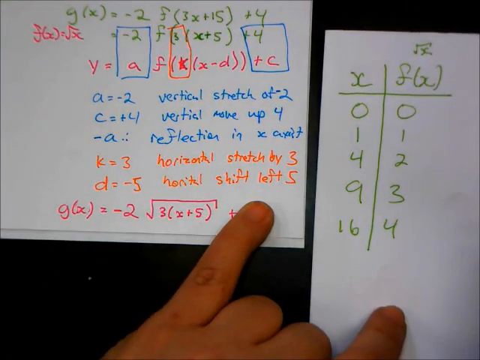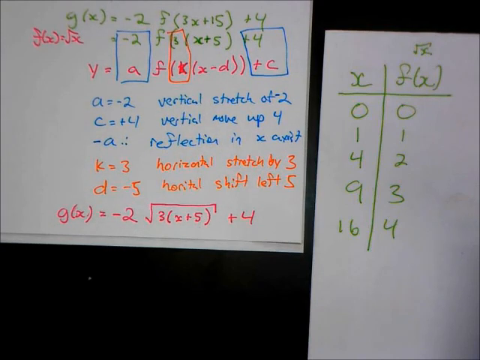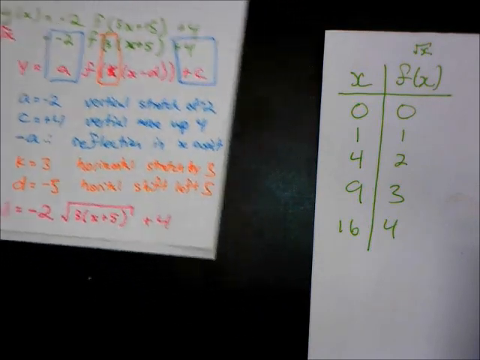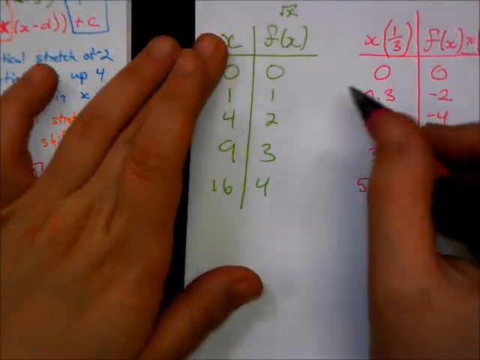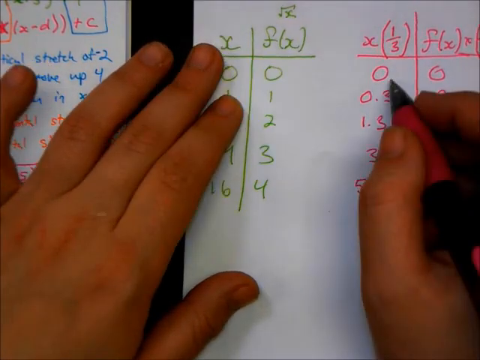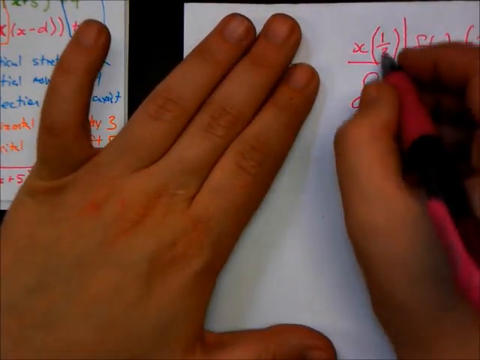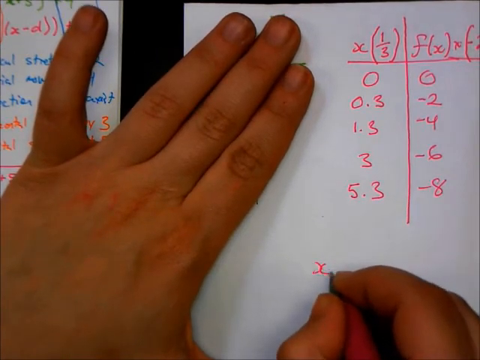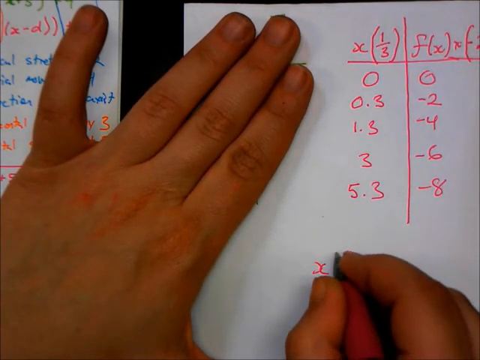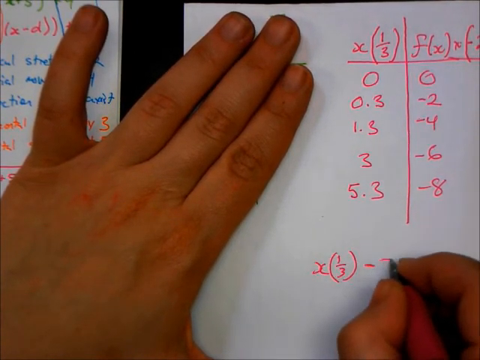We're going to shift them 5 left. So that means that it's not going to be 0. We can write this as x times 1/3 because we've already done that. Then we're going to take that answer and minus 5.